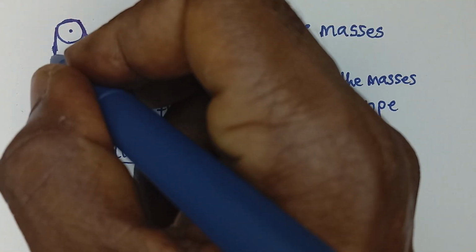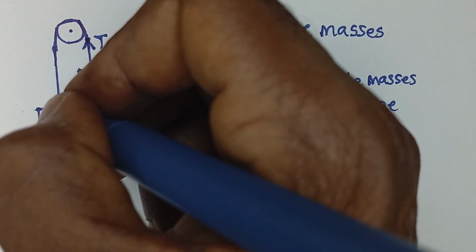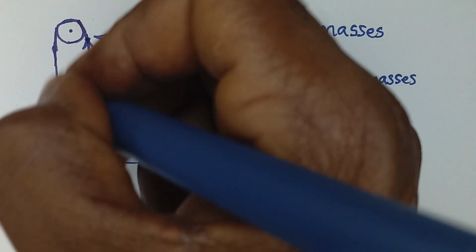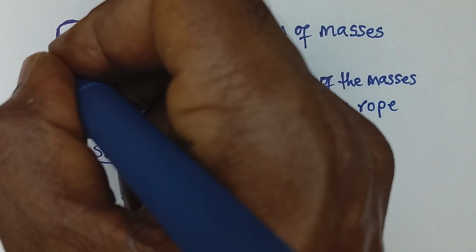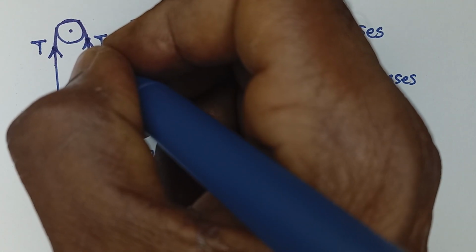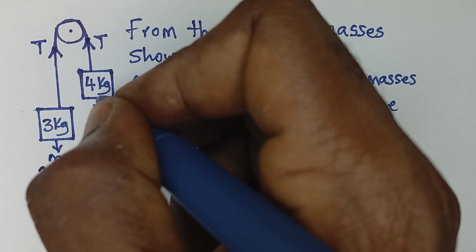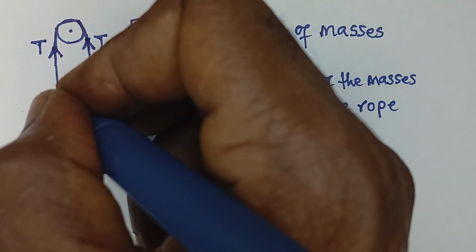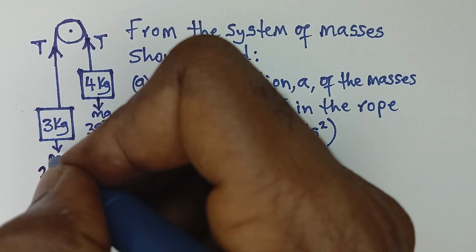And then the rope here tends to pull this mass upward. So in that case, the tension will also go in this direction as T. The same tension, since it is the same rope over the pulley. So we have the tension that tends to pull this upward, and the weight that tends to pull it downward in both cases. So the tension in this direction, the weight in this direction.